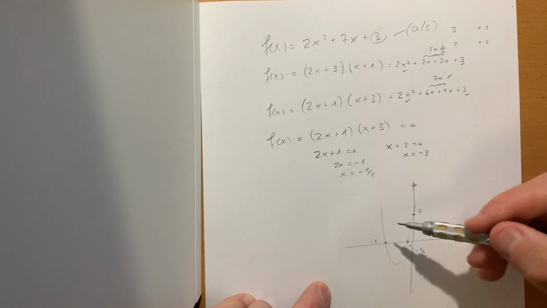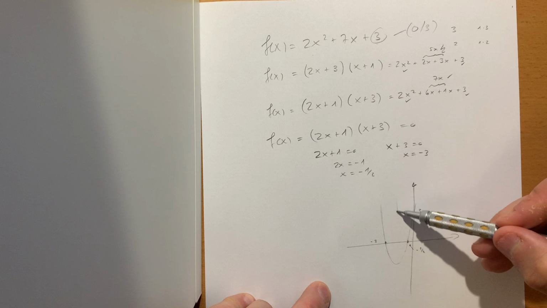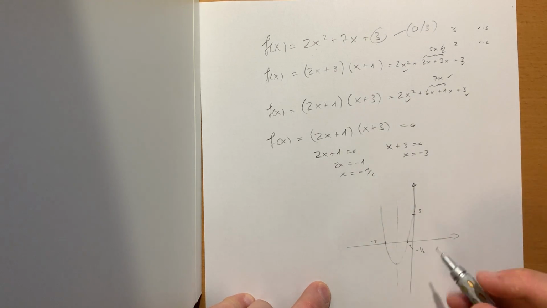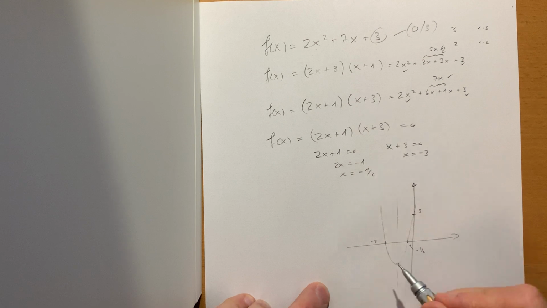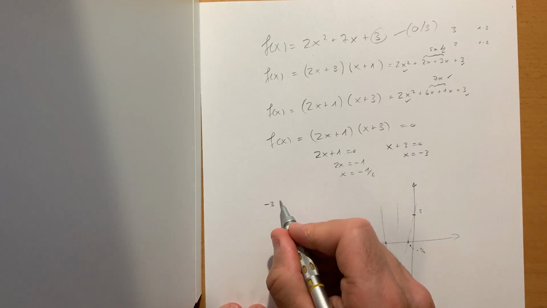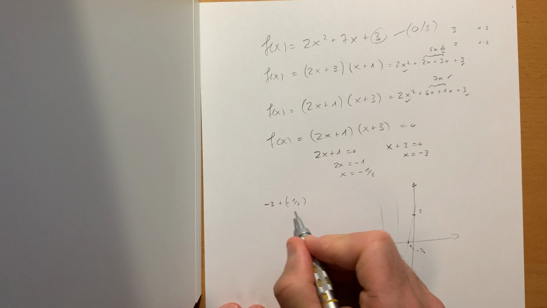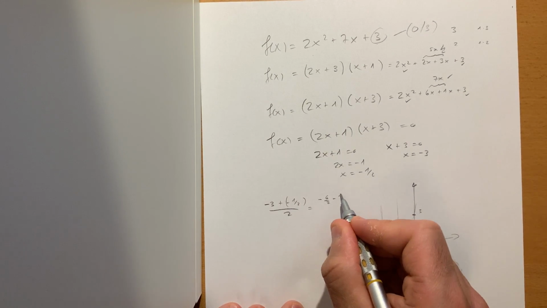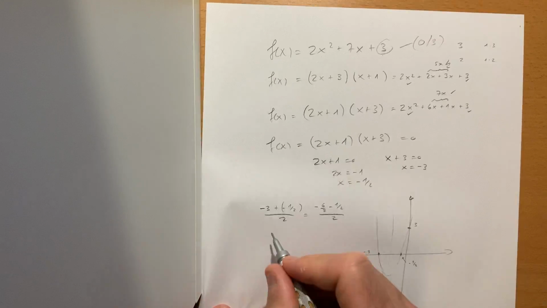And now we know that because it's symmetric with respect to the vertical line through the vertex, the vertex is right in between the zeros. So minus 3 plus minus a half, divided by 2, that's minus 6 halves minus a half, divided by 2.